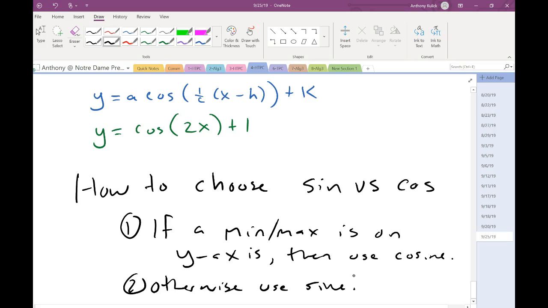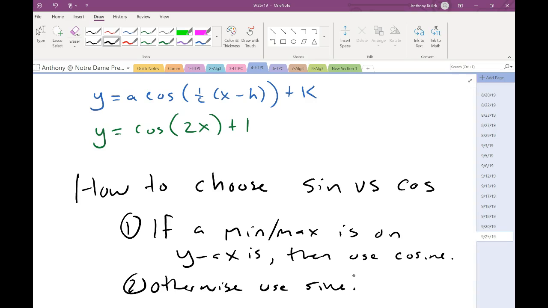So if the min or the max is on the y-axis, I'd use cosine. Otherwise, I'd probably just use sine. Okay?